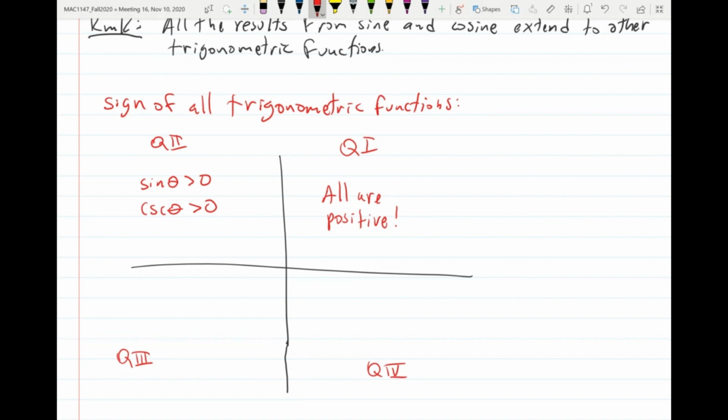Similarly, in quadrant 3, the only function that's positive is tangent, because both sine and cosine are negative. So when you divide sine by cosine, you get tangent, the negative is gone. But if tangent is positive, so is cotangent. And then in quadrant 4, the only one that was positive was cosine, therefore secant is also positive. The rest are negative. Do you understand this?